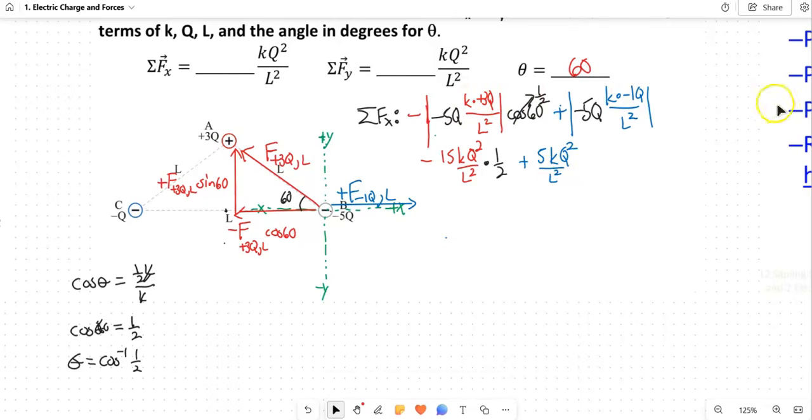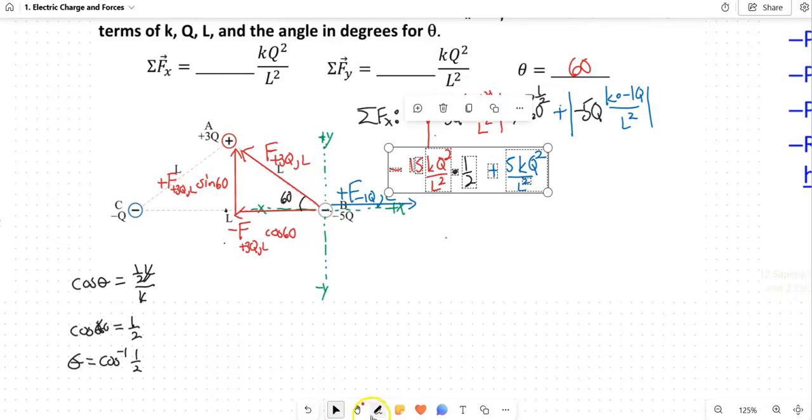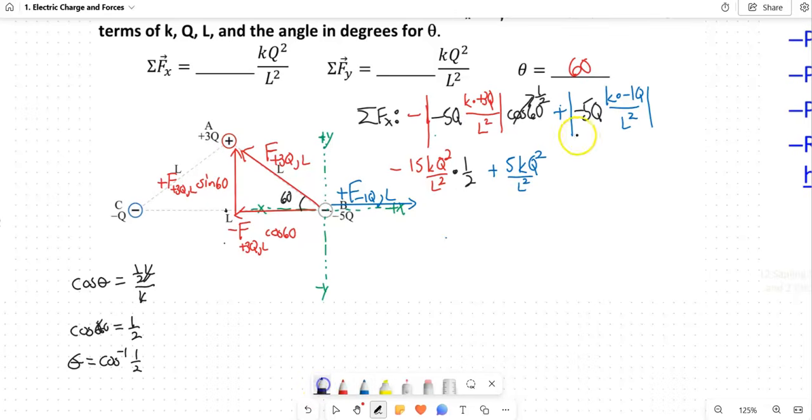Okay, I think I'm going to need some room, so I'm going to have to scooch all of this over. Now what I'm going to do is pull out a KQ squared over L squared.